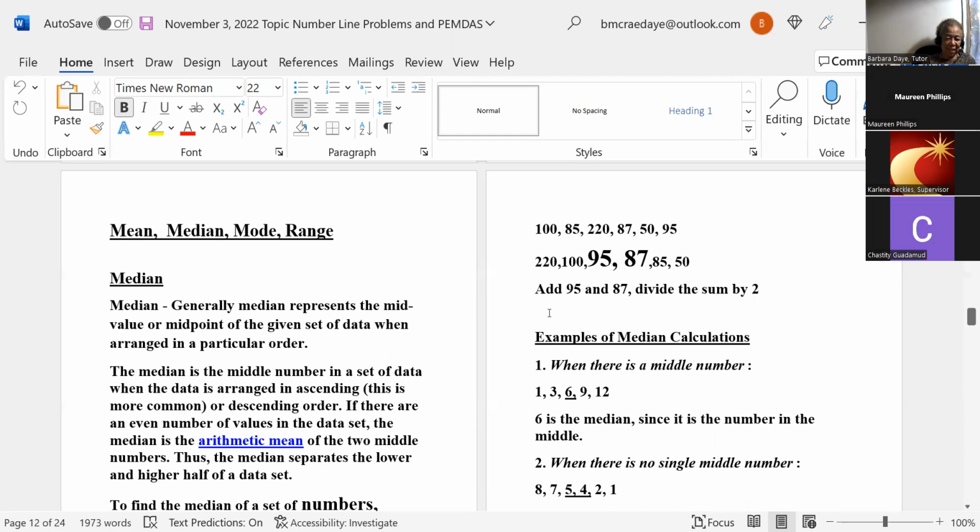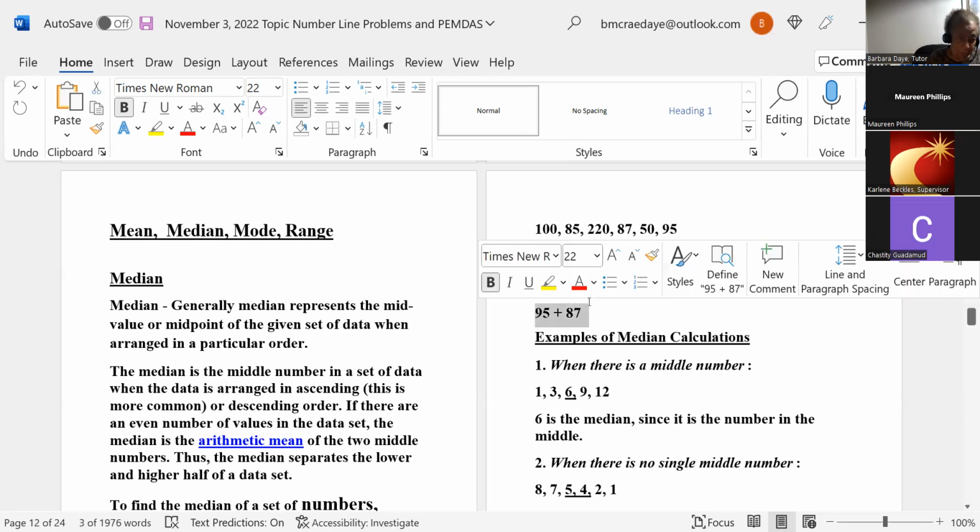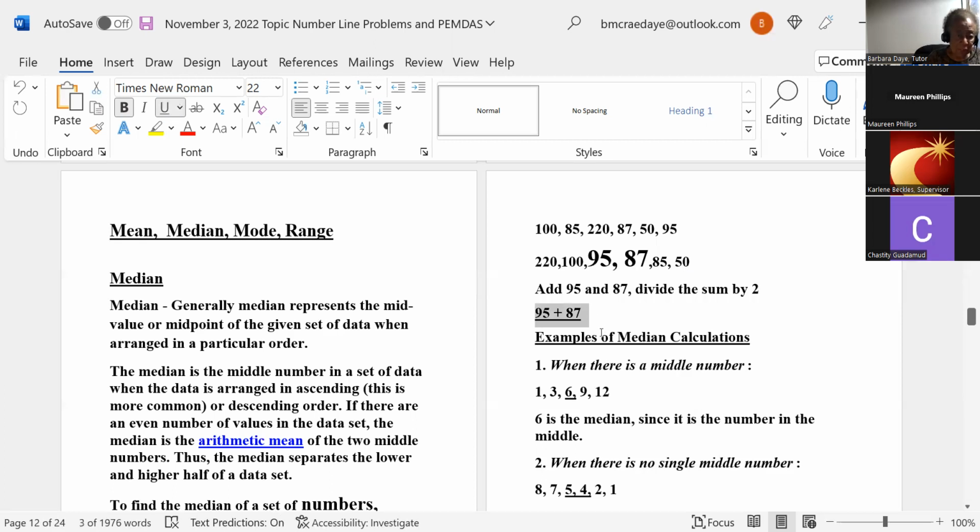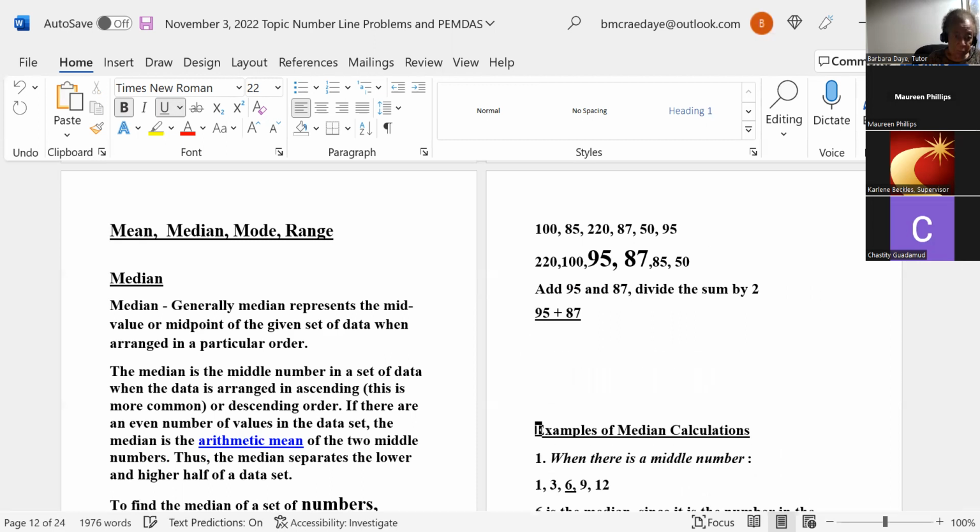So what's 95 and 87? 182. So 95 plus 87, and we're going to divide that by 2. You're getting an average really of two numbers, right? So let's take that and divide it by 2. And what's that equal to, Maureen?